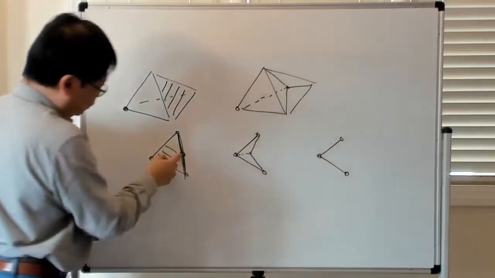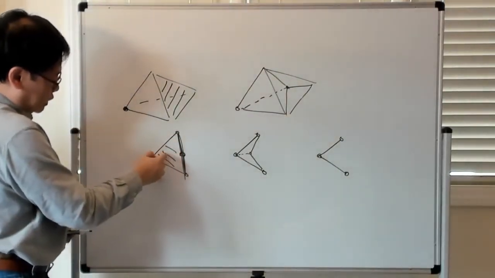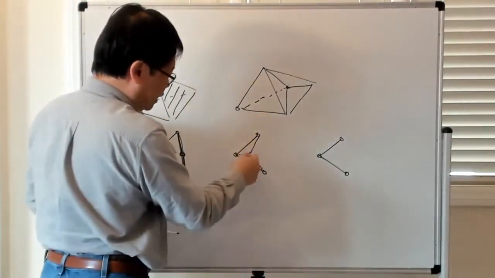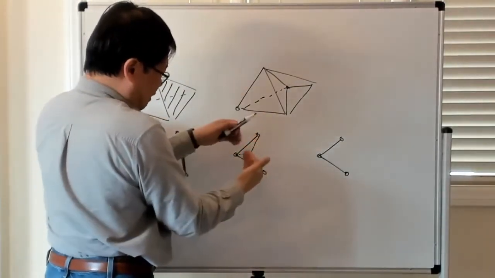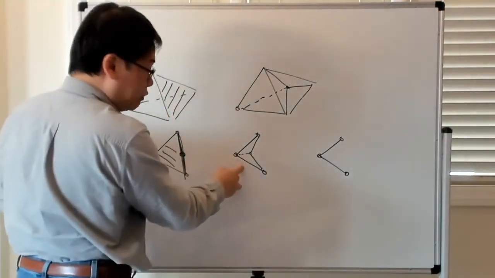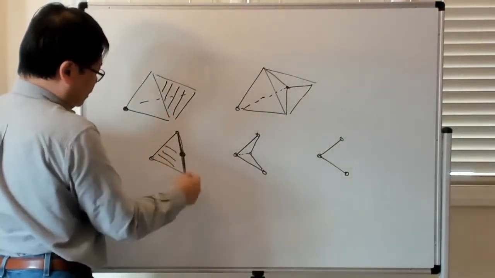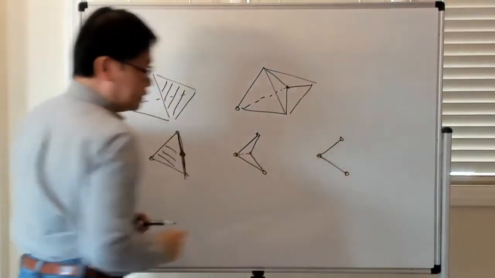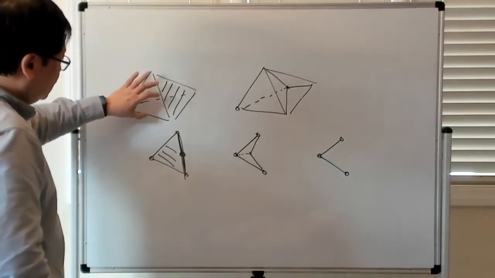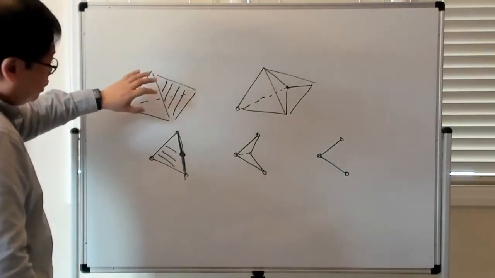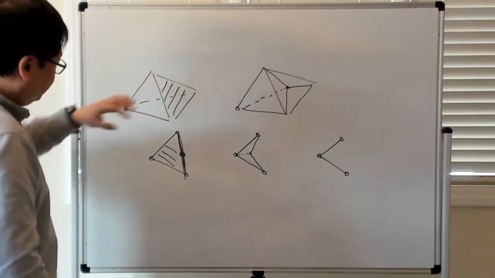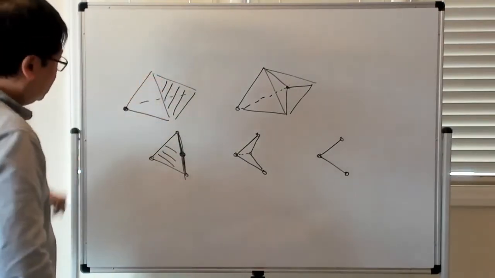And I can pull this barycenter back down to this point here, and I end up with this continuous deformation retract of this object down to this piece. So this gives you a very clear sense of how this idea of collapse is related to deformation retracts.